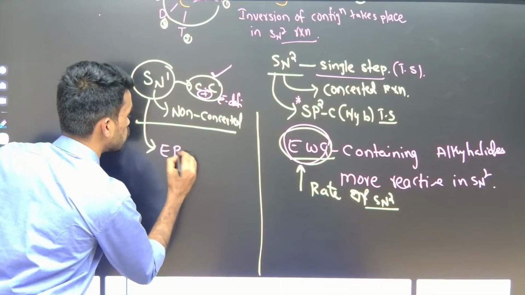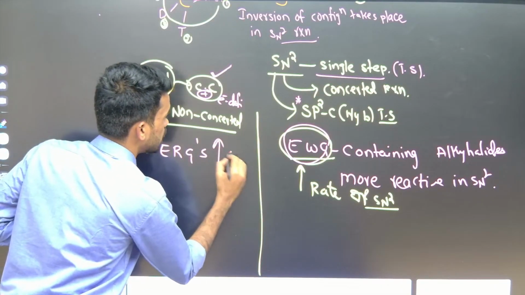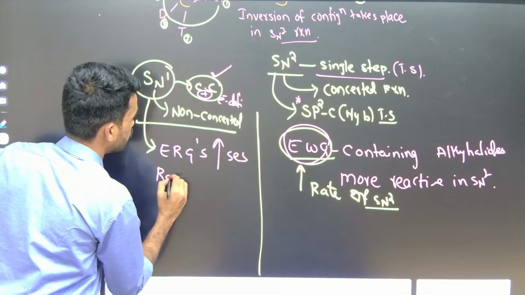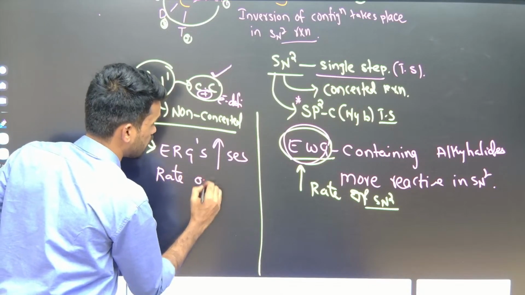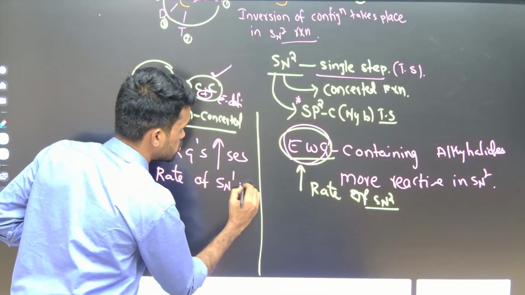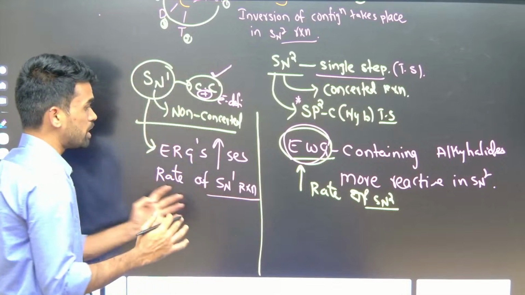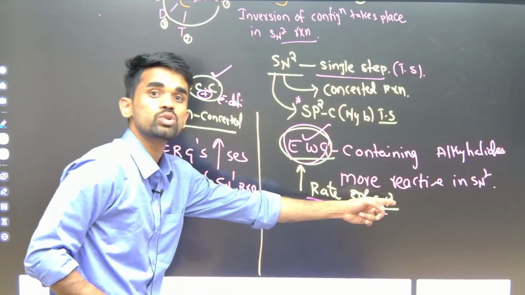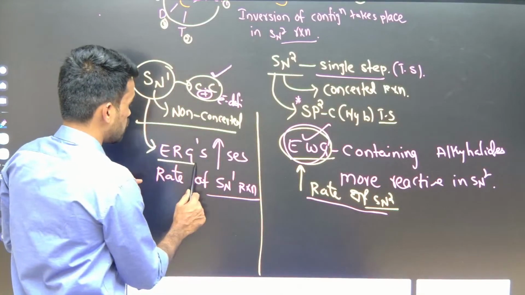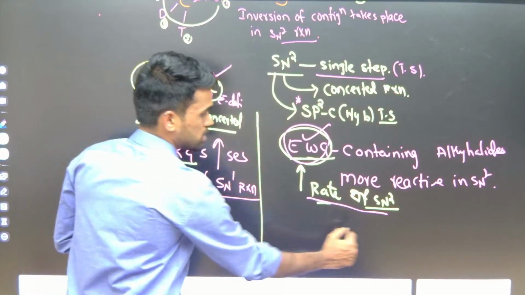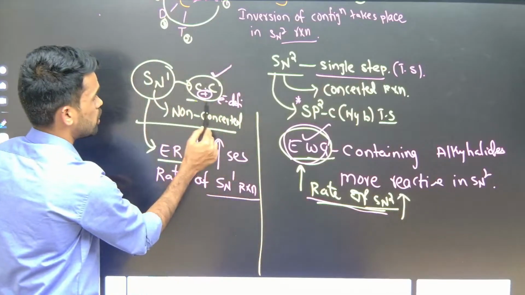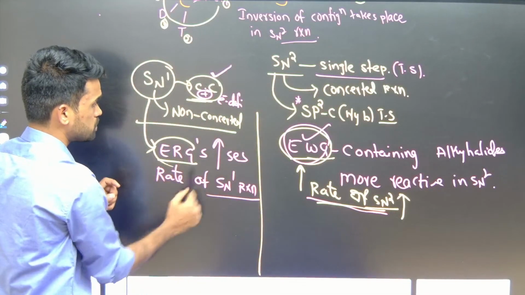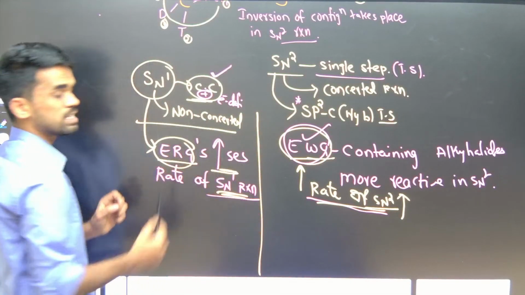Electron releasing groups increase the rate of SN1 reaction. Please remember these differences. If it is electron withdrawing groups, the rate of SN2 reaction is increased. If it is electron releasing groups, the rate of SN1 reaction is increased.